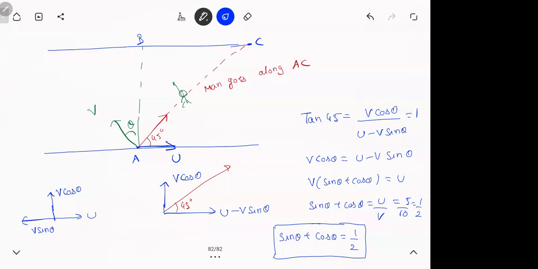Next thing. Next thing, say, case 4. This we just need to remember the result.